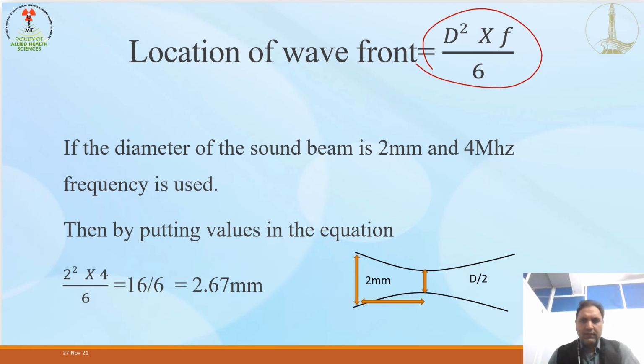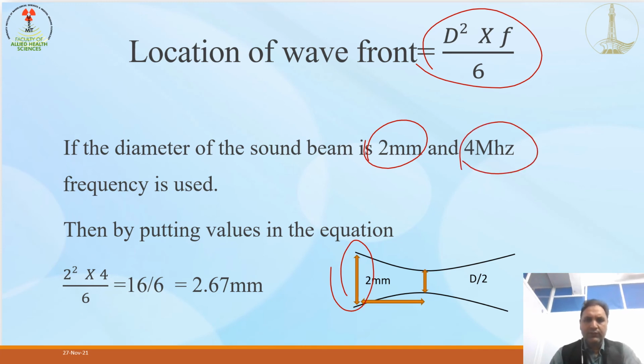For example, the diameter of the beam at the face of the source is equal to 2 mm, and the frequency used here is 4 megahertz. By putting these values in this equation, we will have 2 squared into 4 divided by 6, which is equal to 2 twos are 4, 4 fours are 16, so 16 by 6.